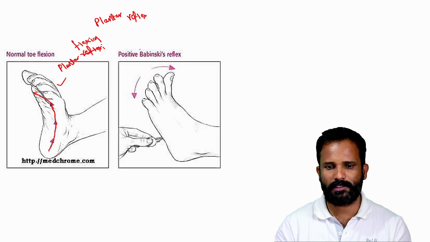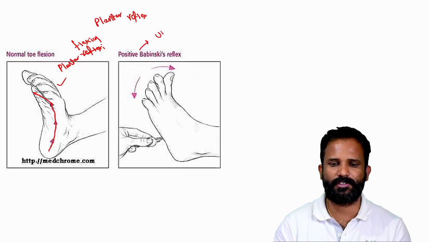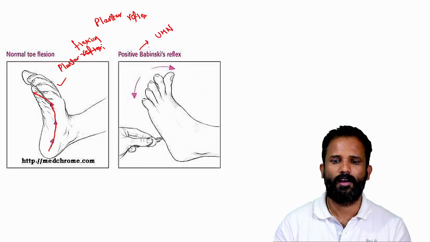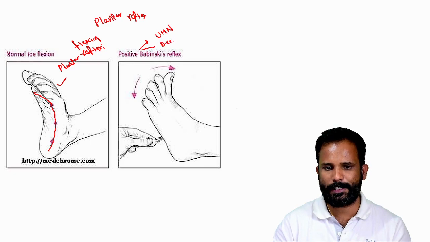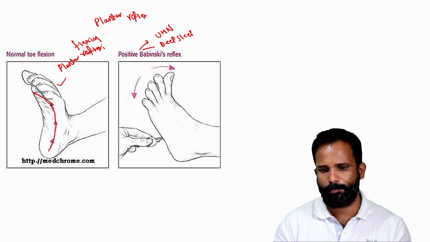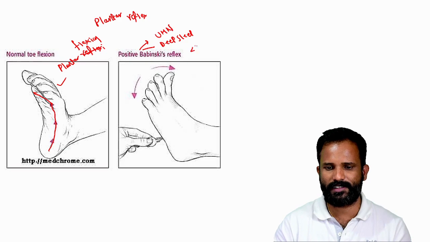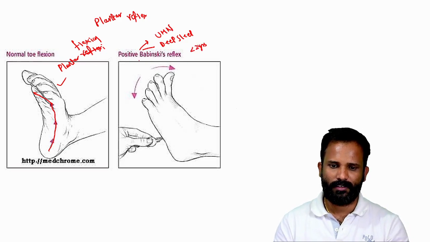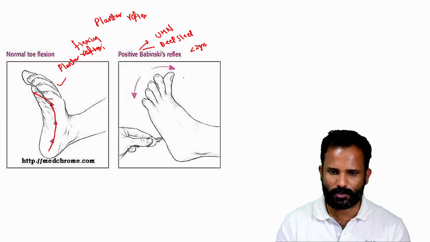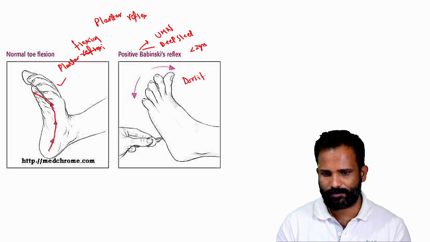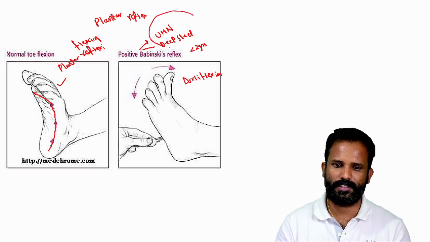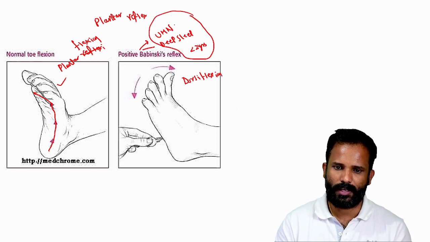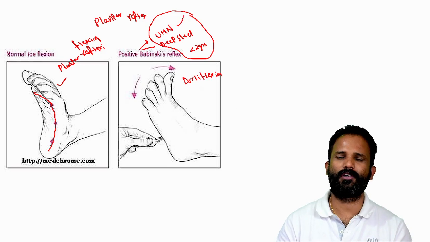But in a person with pyramidal tract lesion or upper motor neuron paralysis, or a person in deep sleep, or a child less than 2 years, due to incomplete myelination, they will show a response called dorsiflexion, and we call that Babinski sign positive. It is seen in these conditions. Abnormal here is upper motor neuron paralysis.